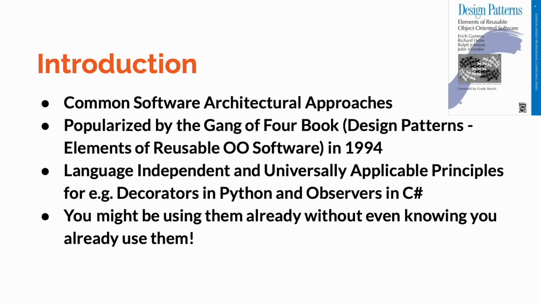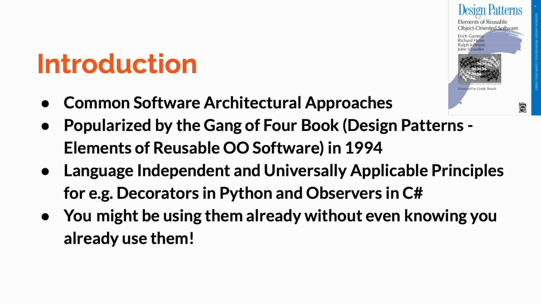Now coming to the introduction, design patterns are common software architectural approaches, and they were popularized by the Gang of Four book. Formally, it's Design Patterns: Elements of Reusable Object-Oriented Software, which was released in 1994. You can have a look at the image over here.